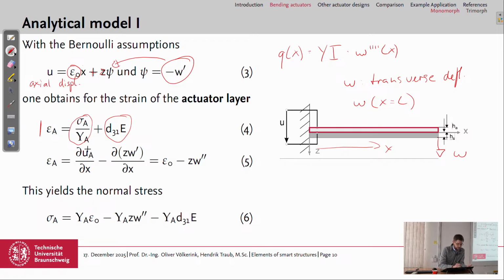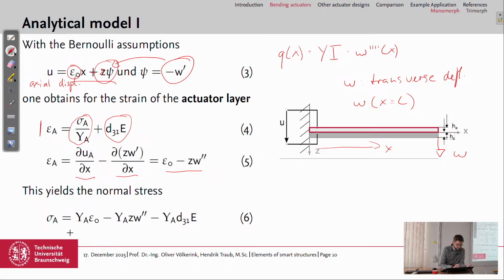And this we could also write as the partial derivative of UA, so the displacement of the actuator layer, derived with respect to x, and this part here also as a derivative, and then we are back again here.